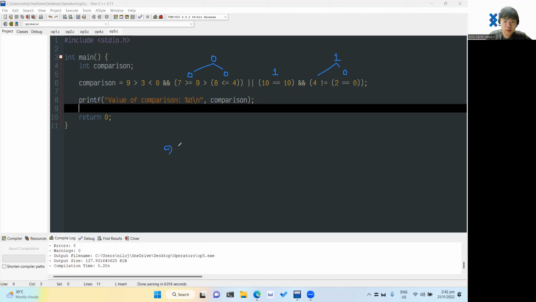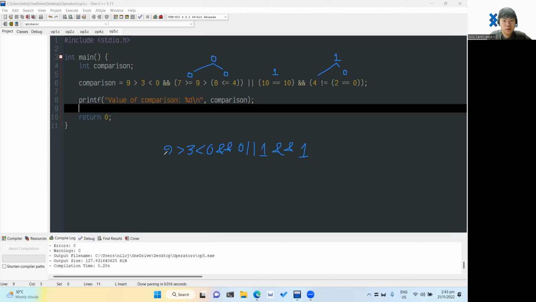So that is 9 greater than 3, less than 0, and 0 or 1 and 1.